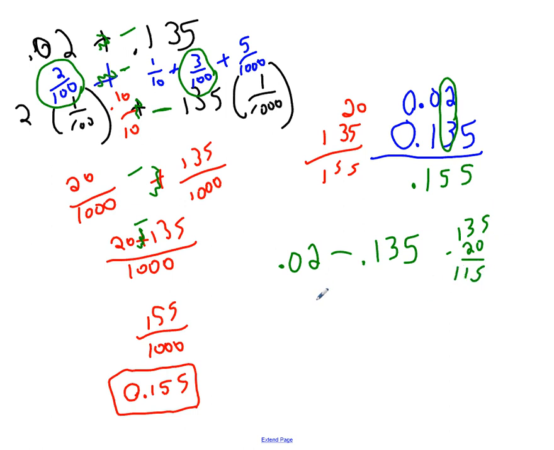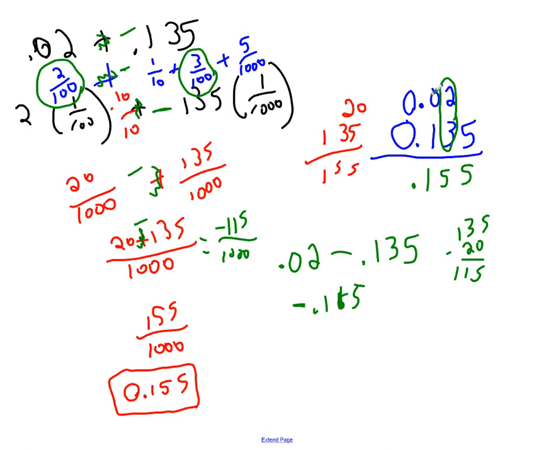In other words, I'm sorry, 115. 115 thousandths. So that's 115 in the tenths, hundredths, thousandths place, and it's negative, so it's negative.